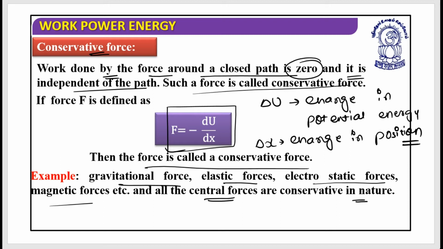First, focus on two points: work done by the force around a closed path is zero, and second, this relation is defined only for conservative forces. We cannot have any such relation for non-conservative forces. I hope this is clear.